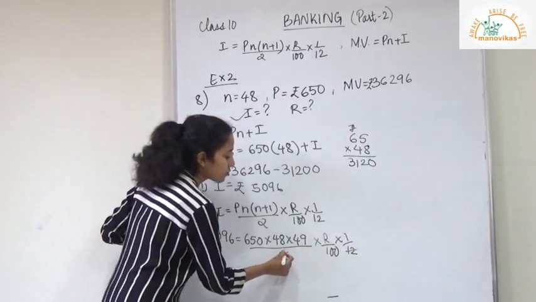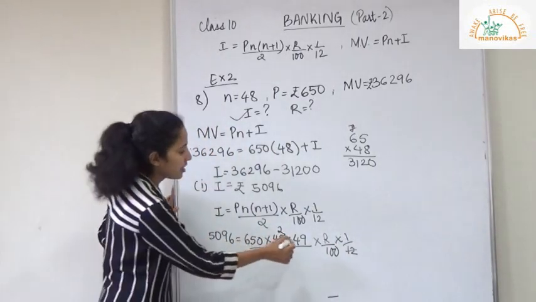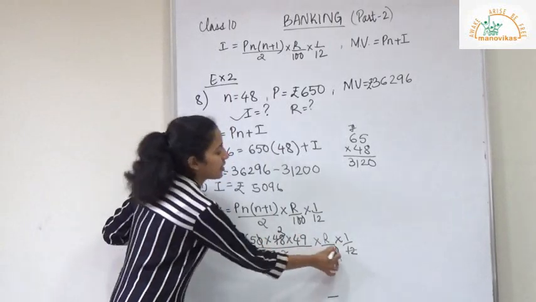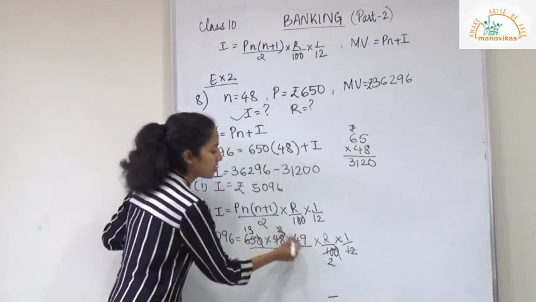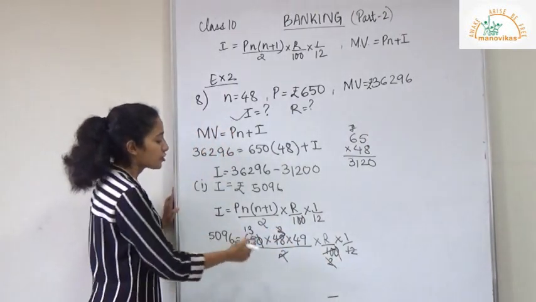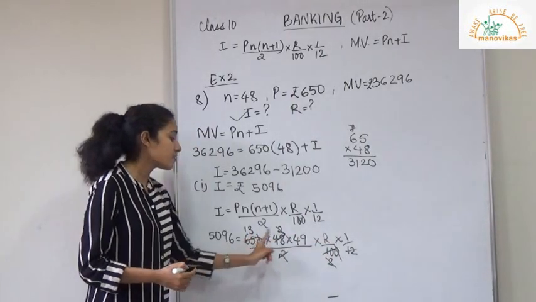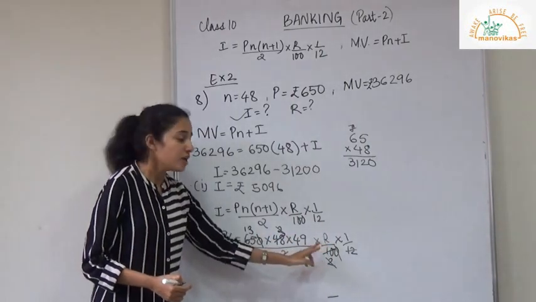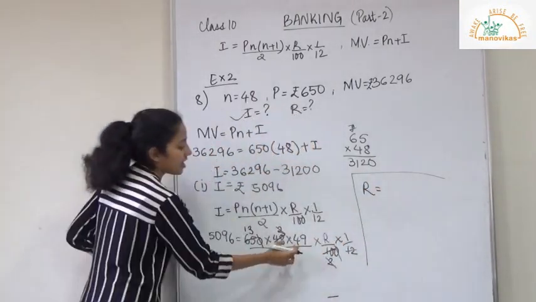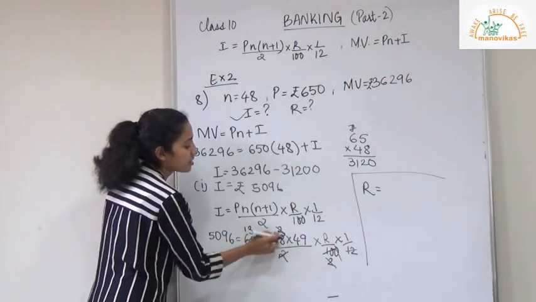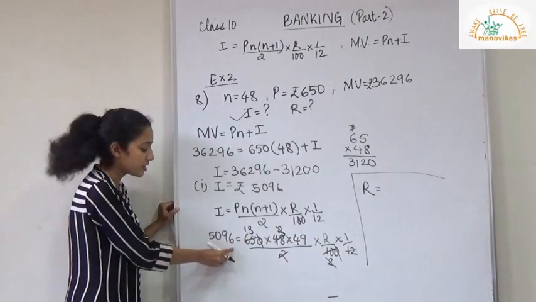This is 12 into 2 is 24, into 2 is 48. Then this cancels and I have 5 into 2 and 5 into 13. This and this 2 will cancel with this one. So you see that in the denominator there is just 1 and in the numerator you have 13 into 49 into r. So to calculate r, whatever is in the numerator will come in the denominator over here.